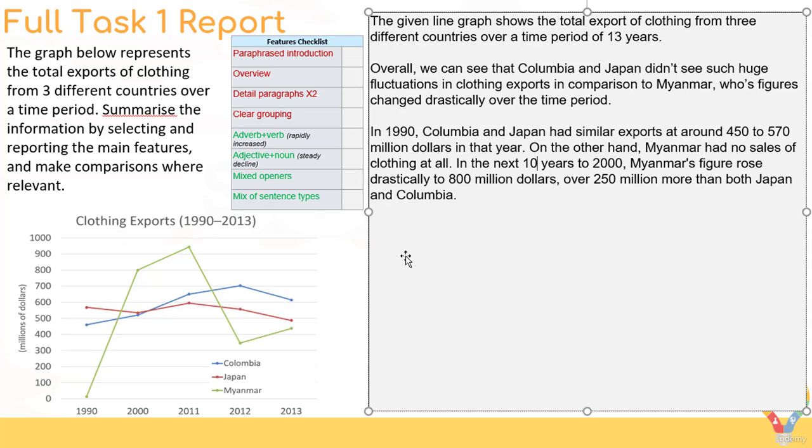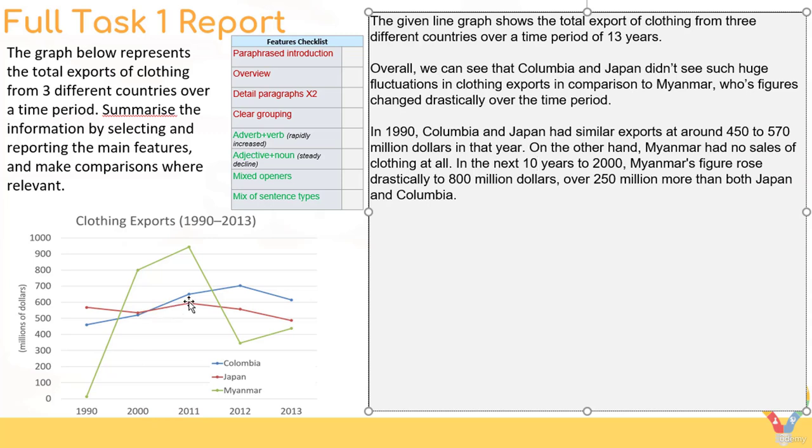In the next 10 years to 2000, Myanmar's figure rose drastically. So I'm using these different features of language. In the next 10 years to 2000, Myanmar's figure rose drastically to $800 million, over 250 more than both Japan and Colombia. And what do we see onto 2011?